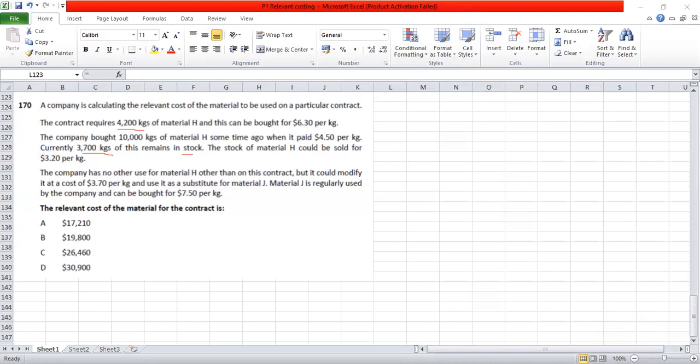Modify it at 3.70 and then use it for material J. Material J is regularly used by the company and can be bought at 7.50. Modification cost is 3.7.